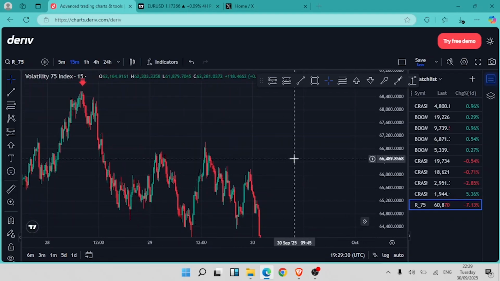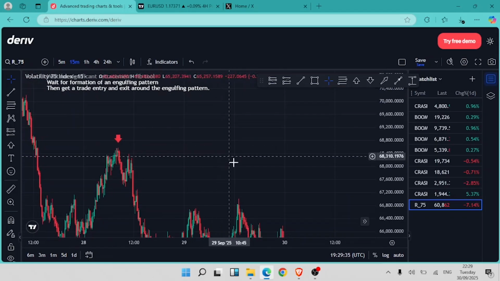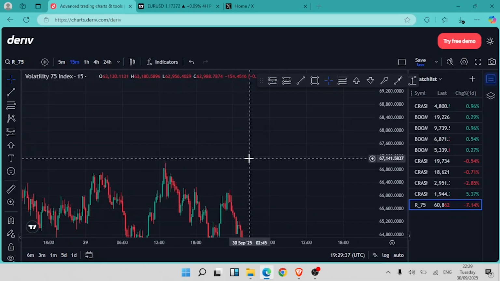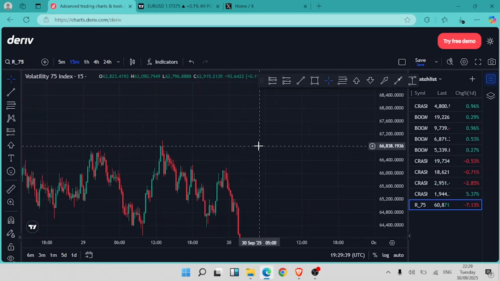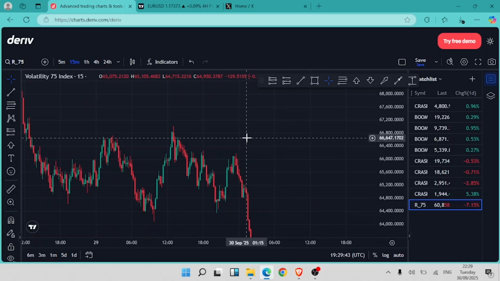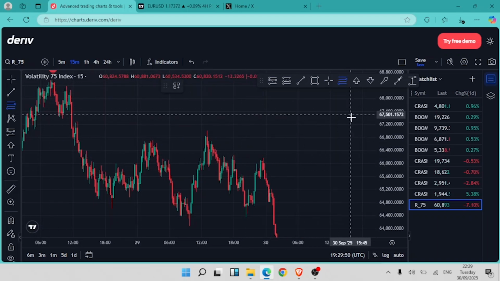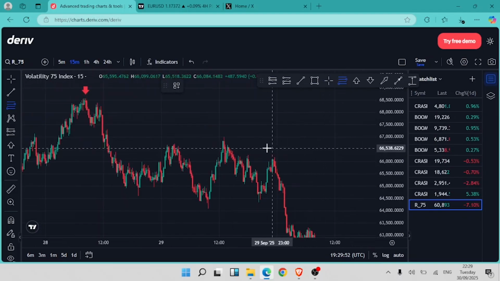So in this case, we want our retracement tool to be giving us engulfing patterns in the 61% of the retracement tool, or the dealing range. You can say the dealing range, or you can say the retracement tool.